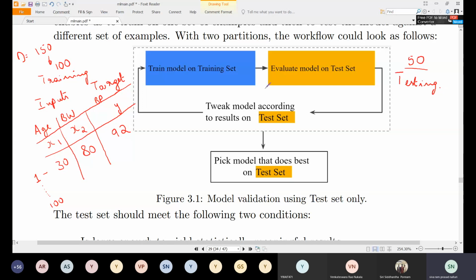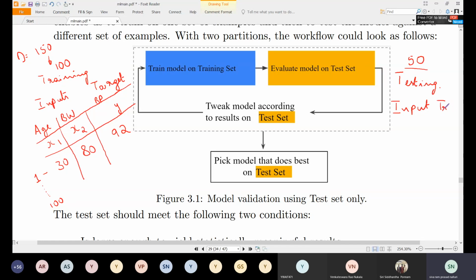The test data set also comprises inputs and labels. No, there is no difference between the test data set and the training data set.